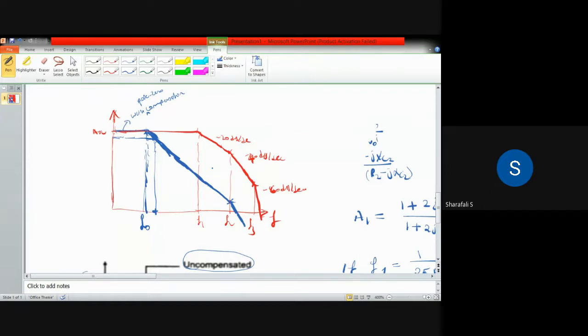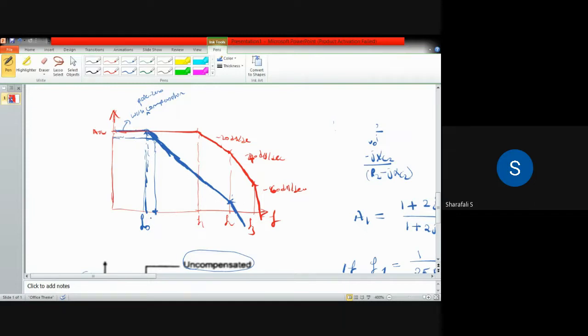But here we are adding one pole, and we are also removing one of the lower poles which is already in the system. So what is the importance of that? The decrease after the first break frequency will be very smooth up to a very wide range of frequency, in this case up to this F2. So we can have control over this circuit over a very wide frequency range.